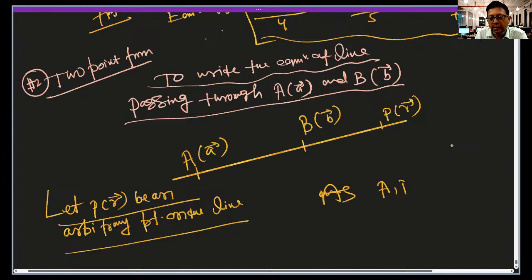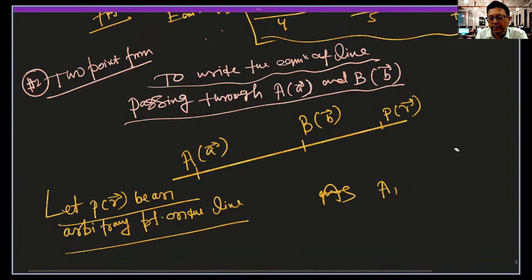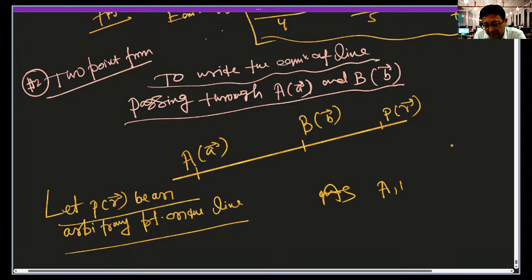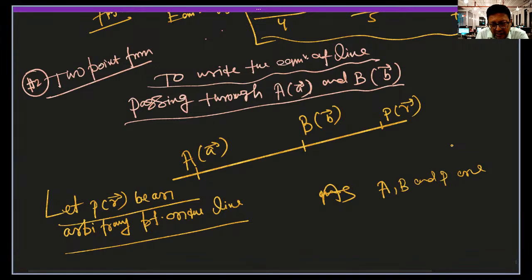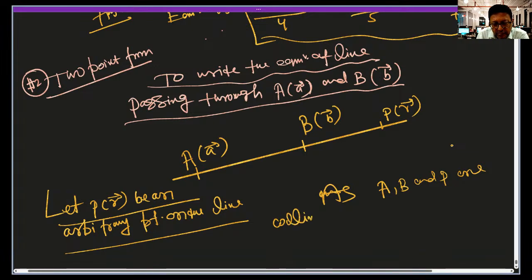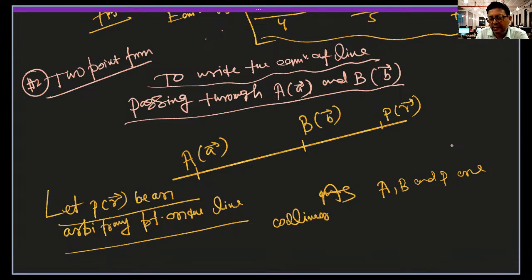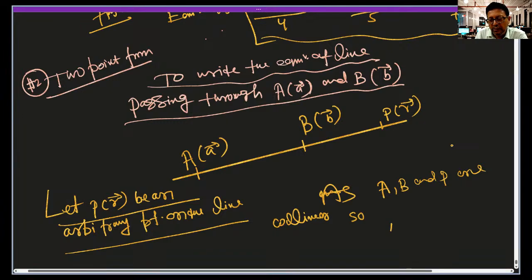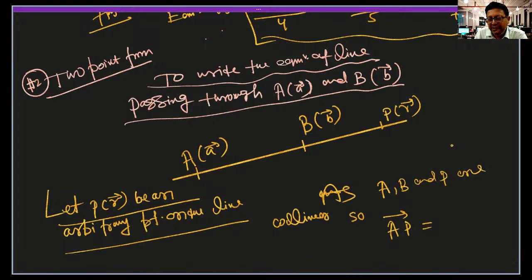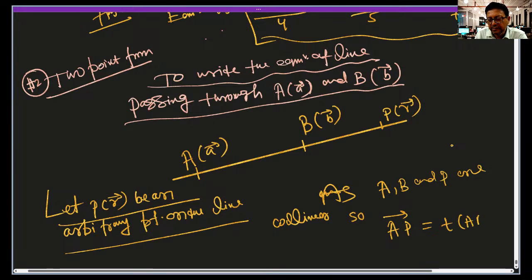As A, B and P are collinear, so AP equals t times AB.